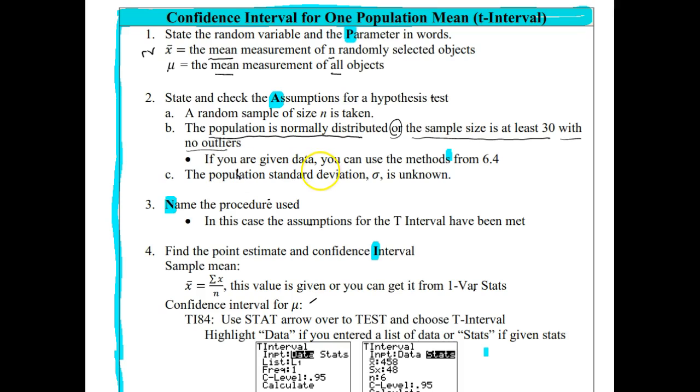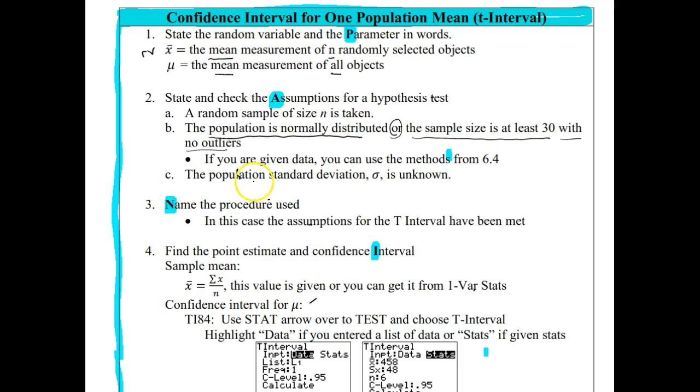If you are given data, which many times in this section you will be, you can run the test from 6.4. You can make a modified box plot, make sure it doesn't have any outliers, and then make a normal probability plot to make sure that it's roughly linear. You should also check the histogram to make sure it's roughly bell-shaped, but that's really hard to do for small data sets, which is why the normal probability plot was created in the first place, to be able to assess normality better with small data sets.